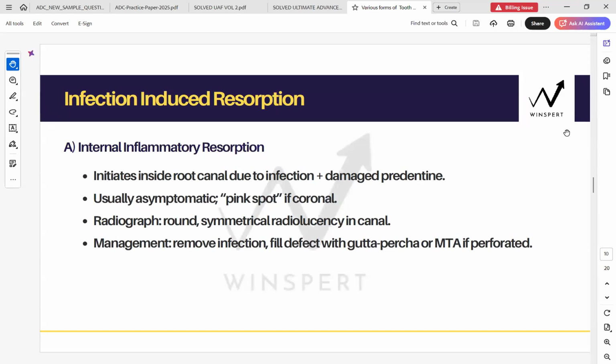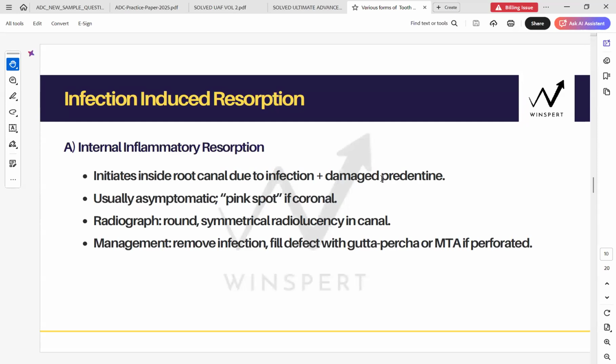And when your predentine gets damaged because of that infection, it exposes the dentine to the odontoclastic activity, which leads to the resorption. So predentine has to be damaged and disrupted. Only then the odontoclasts become active and start resorbing dentine.